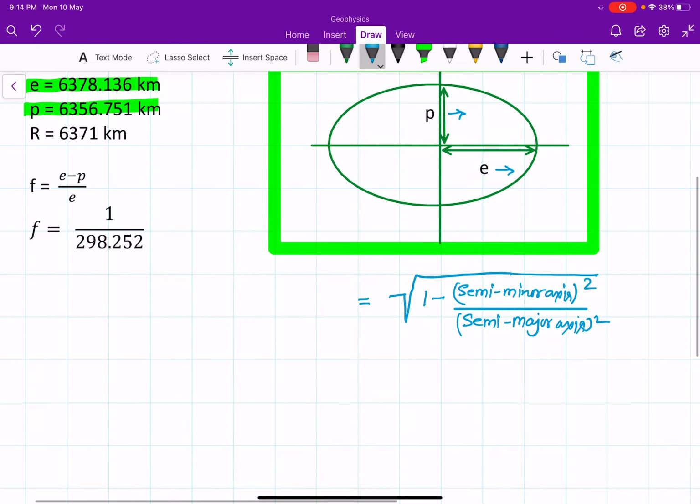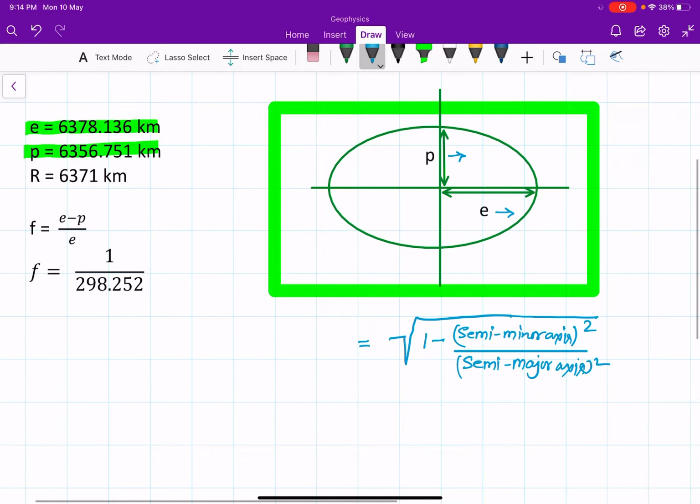That will be the formula for eccentricity e of an ellipse.